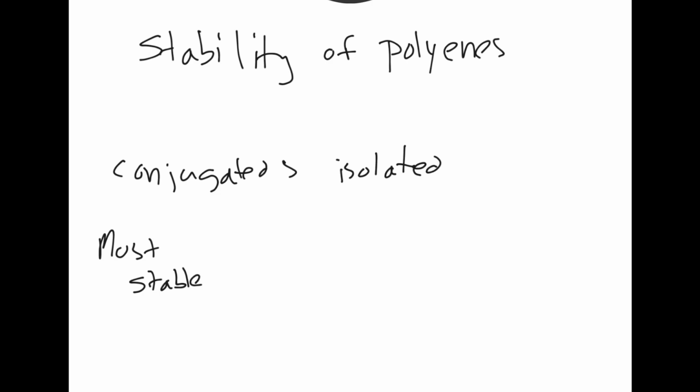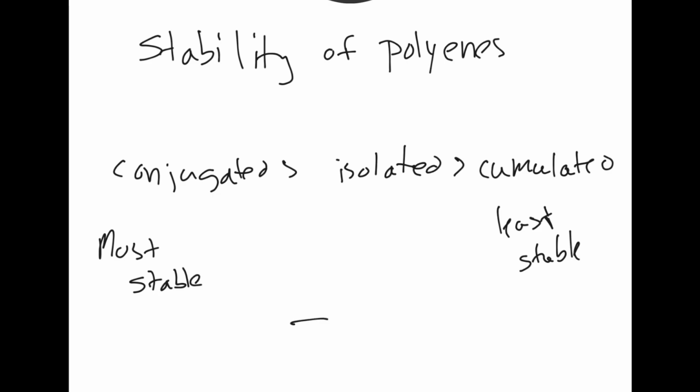And then the last is cumulated. Cumulated double bonds are the least stable. And that's because of that central carbon. This carbon right here is strained.